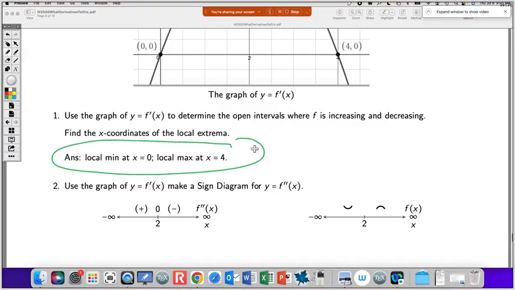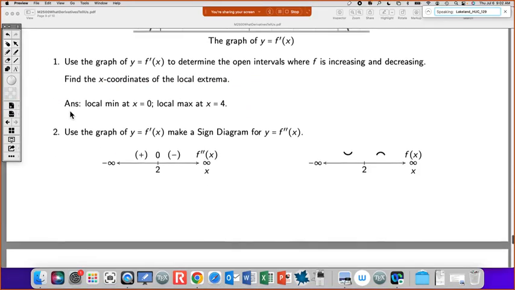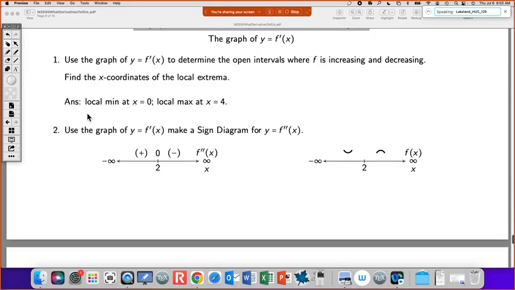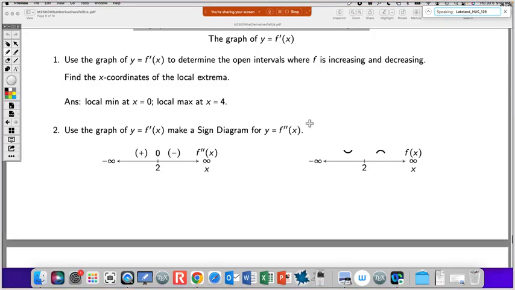Okay. Use the graph of f prime to make a sign diagram for f double prime. So remember, f double prime is the derivative of f prime. Okay. So if I look at where f prime is increasing, that's where the second derivative is positive.